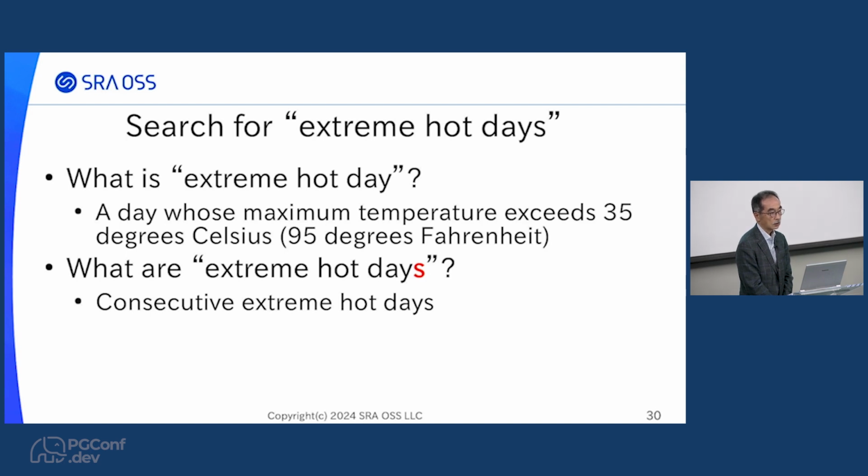Actually, in Japan, there is an official definition of an extreme hot day: a day whose maximum temperature exceeds 35 degrees Celsius, that is 95 degrees Fahrenheit. Once an extreme hot day is defined, we can define extreme hot days, which means consecutive extreme hot days.